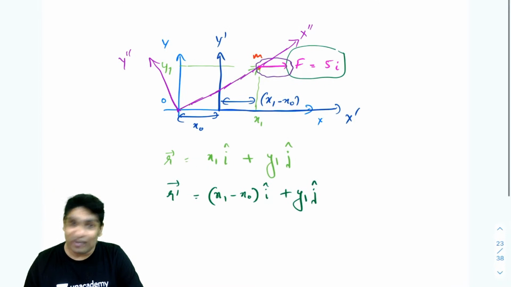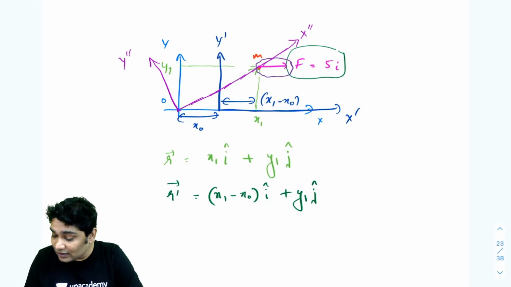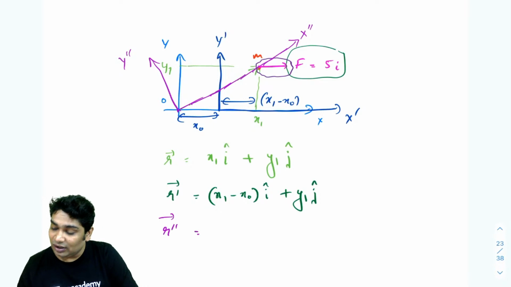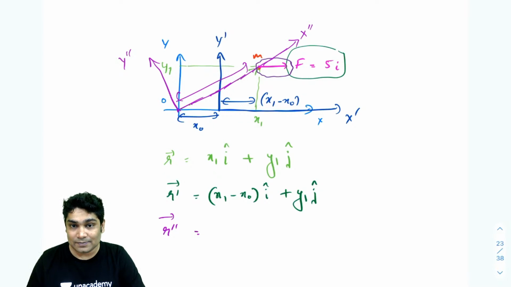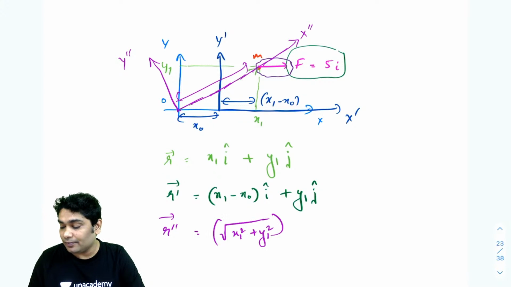The position vector would have been, in fact, r double dash vector. This length would be the square root of x1 square plus y1 square, times i cap. I will just explain to you. So the position vector would have been root of x1 square plus y1 square times i cap.